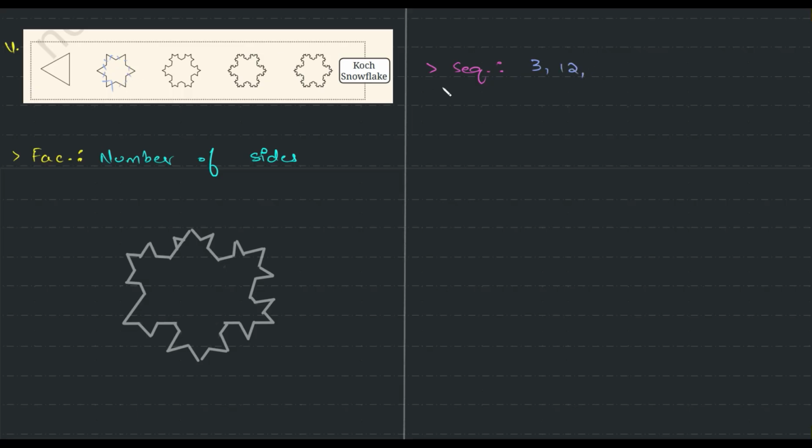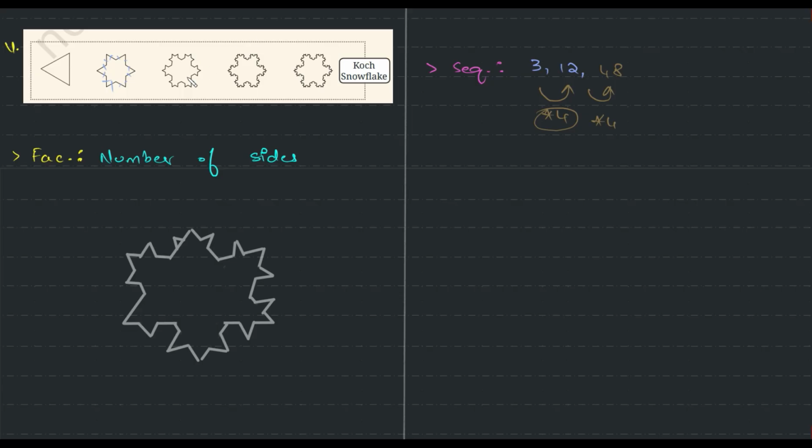Okay. So we have a factor of 4. Is it not? So I feel that since there are not many structures, I need to be a bit choosy. I mean, a bit of jugaad. I should try to predict and see. So next one should be, according to me, times 4. So that's 48. Let's have a look.